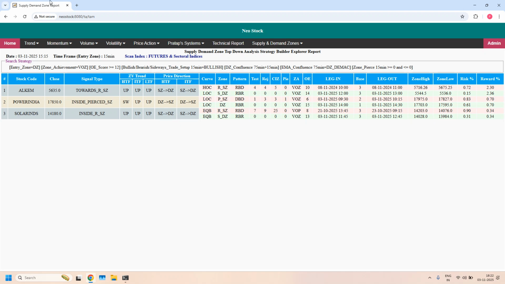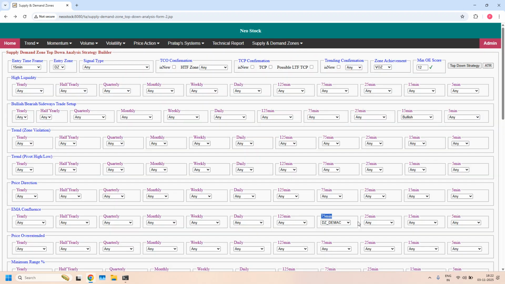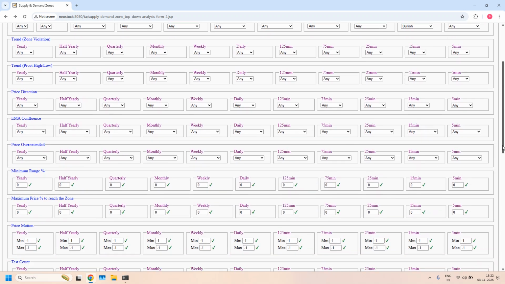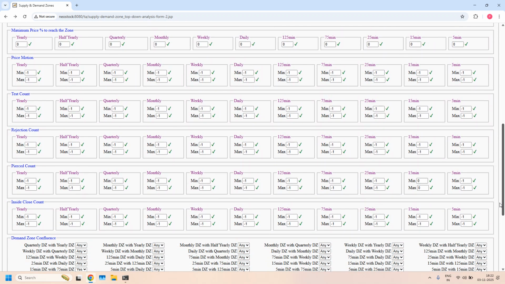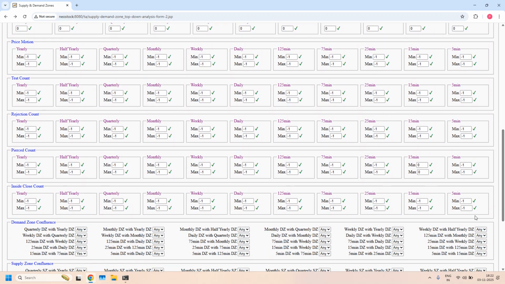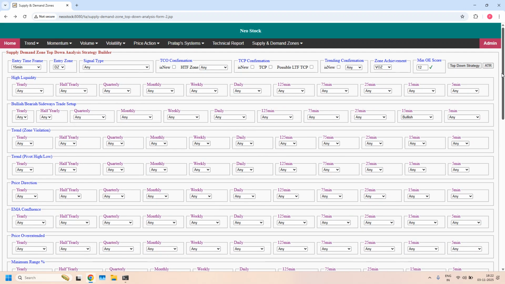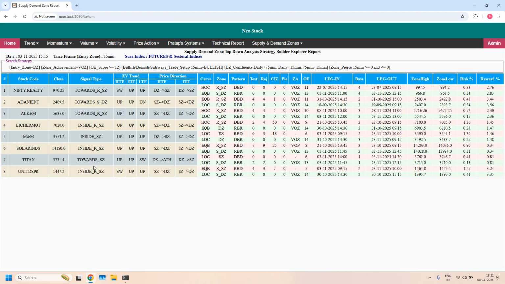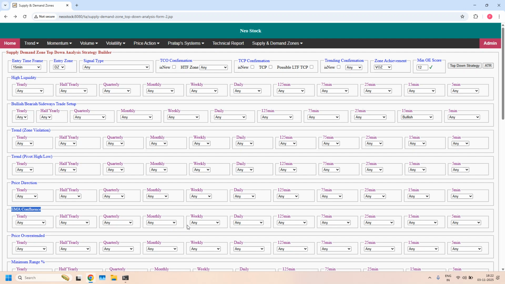Now next, let's filter based on the second strategy. Removing ITF EMA, as per the second strategy, LTF, ITF and HTF demand zone confluence. That is 15 minutes and 75 minutes, 15 minutes and daily, 75 minutes and daily demand zone confluence. By applying all the 3 filters, we got 8 stocks. In all the 8 uptrend stocks, let's further filter based on daily demand zone with daily EMA confluence.